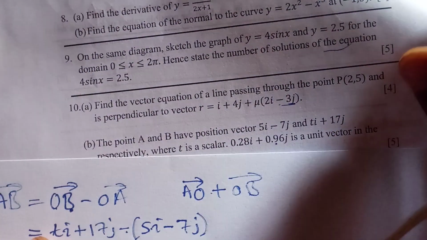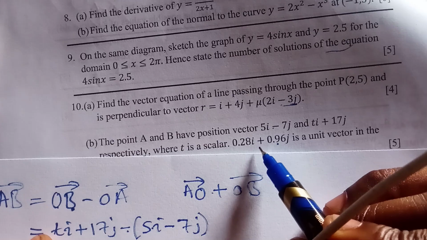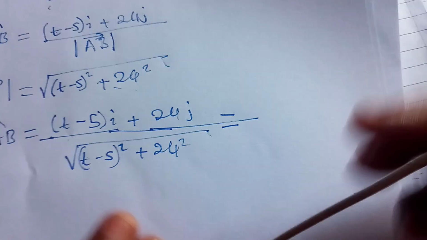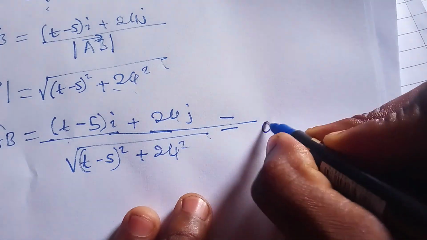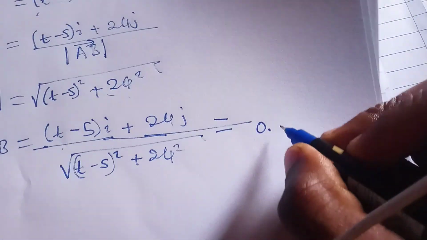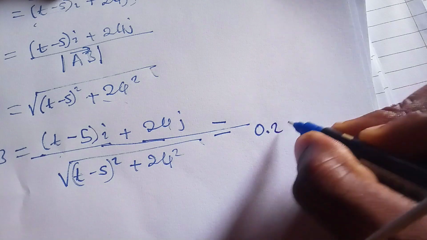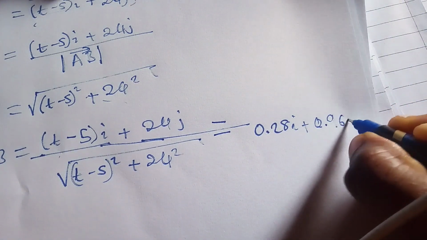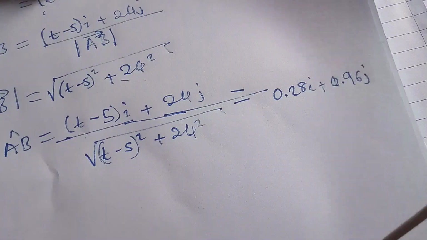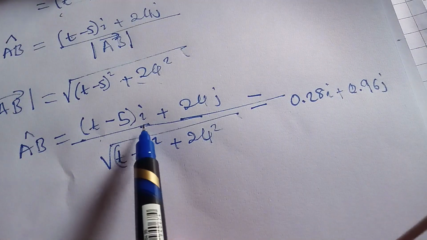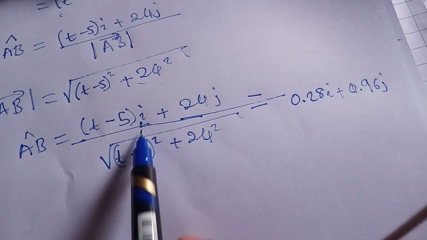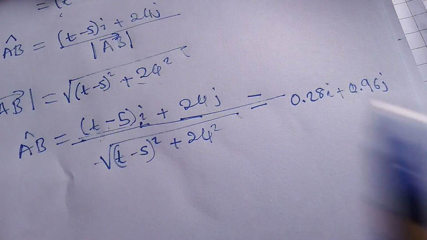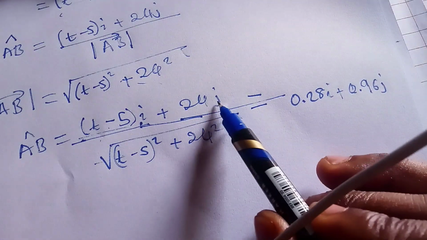This unit vector is 0.28i plus 0.96j. So now we can equate the i components, or the x coefficients, and the j components.